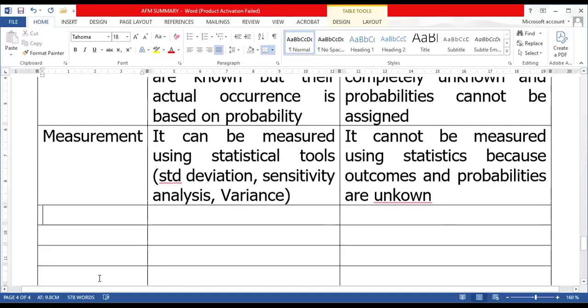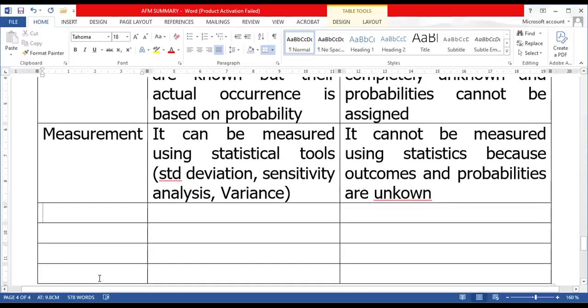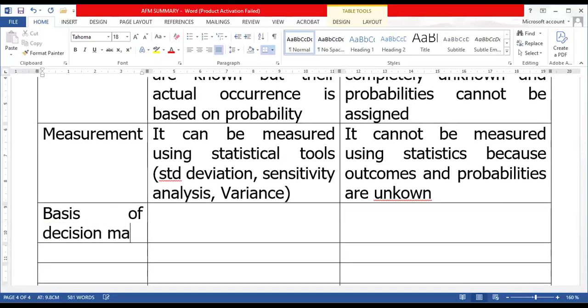Then next, how do we make a decision based on this? The basis of the decision making.